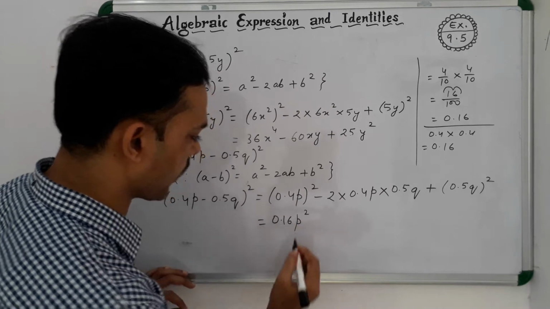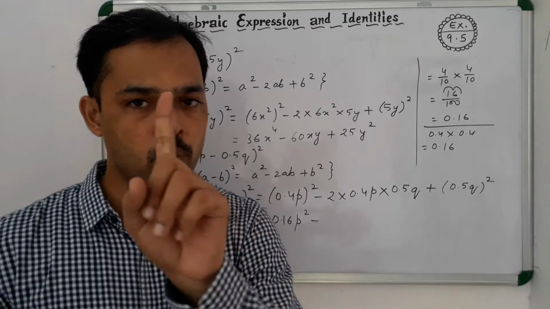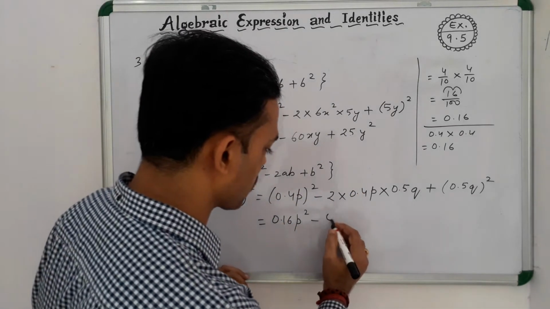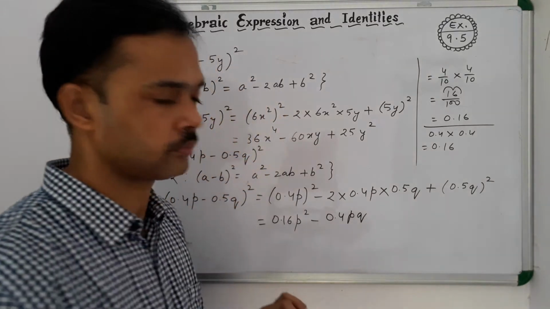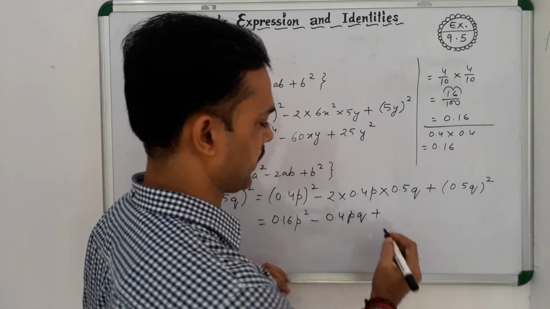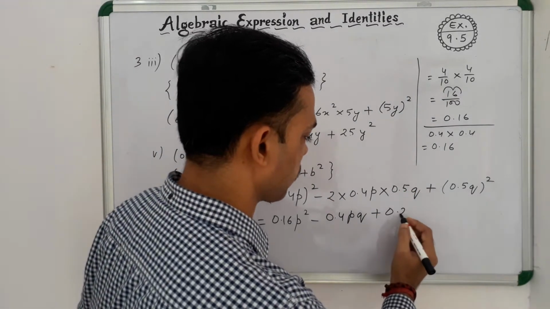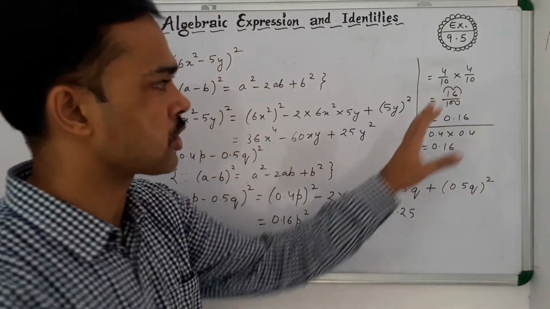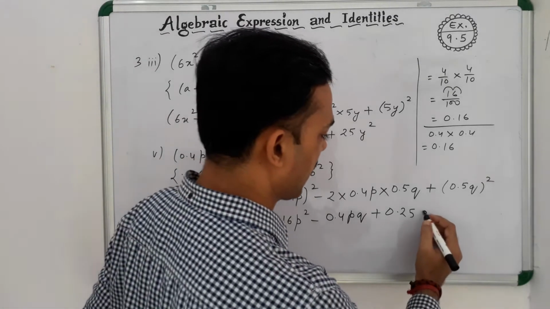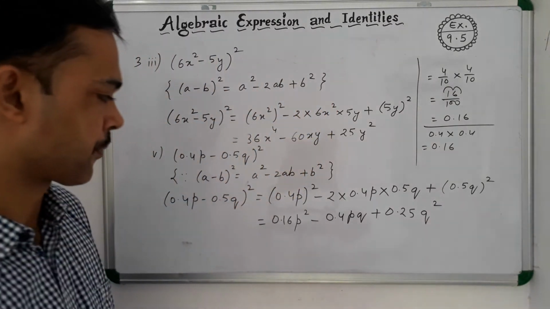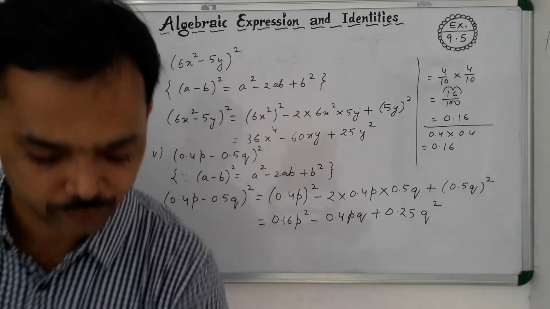So this is 0.16p², minus 2 into 0.5 will be 1, 1 into 0.4 will be 0.4, p into q will be pq. Then plus 0.5 into 0.5 will be 0.25, and the reason remains the same as you have done over here. You can multiply and check. You will get 0.25 and q into q will be q². So in this way you people have got this as your answer.